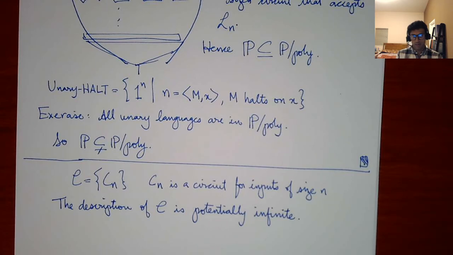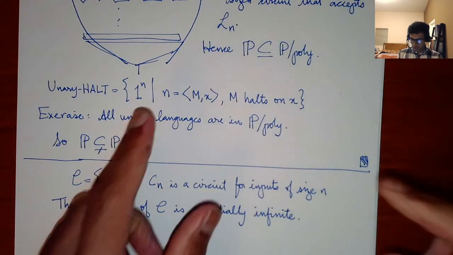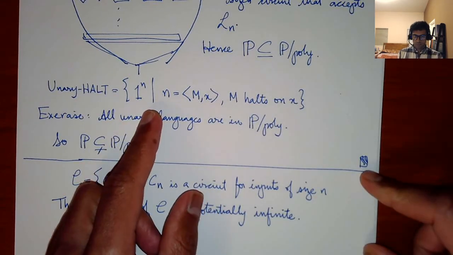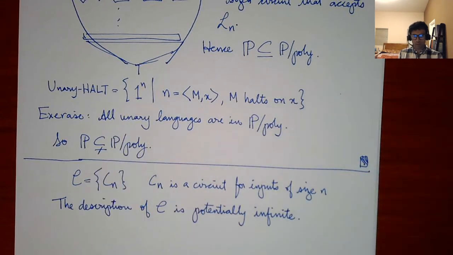So it's almost trivial that there is a circuit family. What is the circuit going to do? It first checks whether all the inputs are 1. If not, it just rejects. That's the simple part. Once it has figured out that the input is unary, it needs to decide whether to accept or reject. This decision can be different for different n, and we can hard code it into the circuit family.